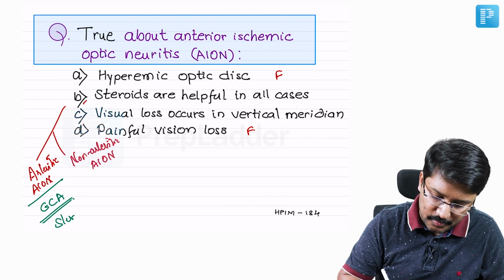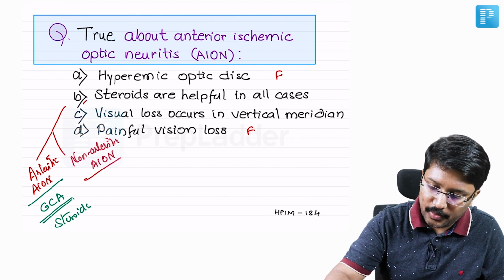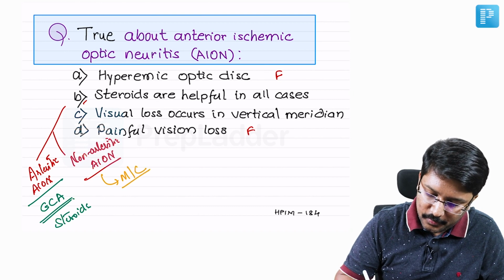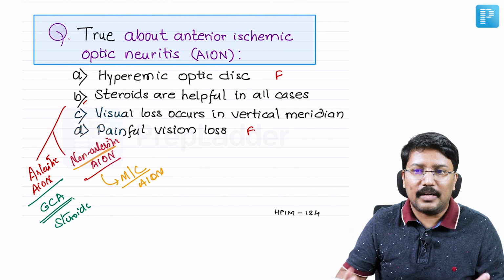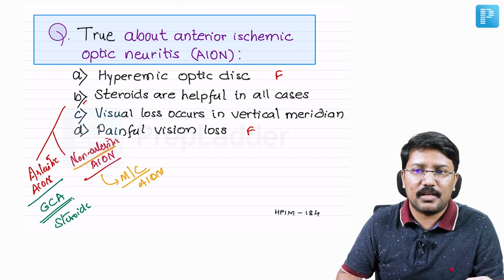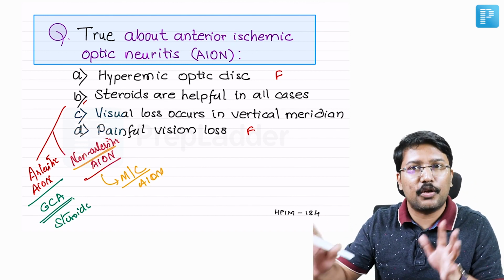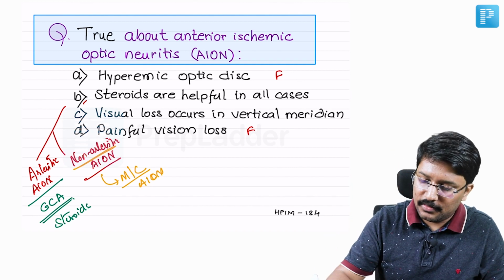So their steroids may be helpful. But the most common type of, this is again an important MCQ I can sense for the upcoming examination. The most common type of anterior ischemic optic neuropathy is indeed the non-arteritic type, right? So that means option B is a false statement because steroids are not helpful in all cases. In fact, steroids are not helpful in the majority of the cases. In a minuscule number of cases, they are helpful, right? So this is a false statement.